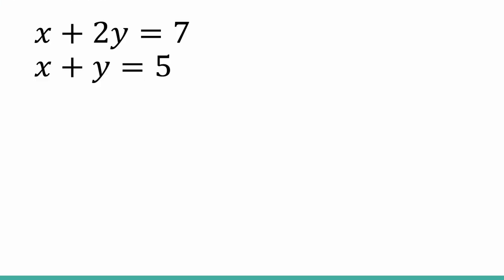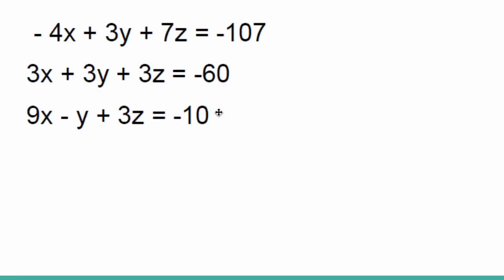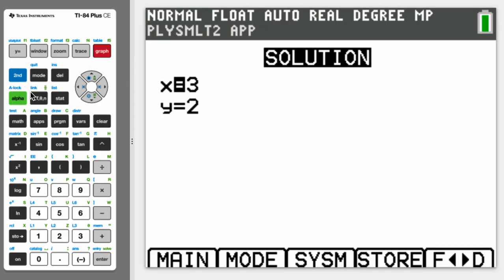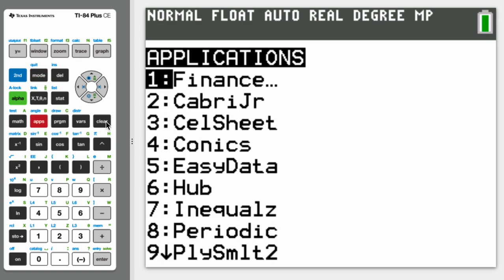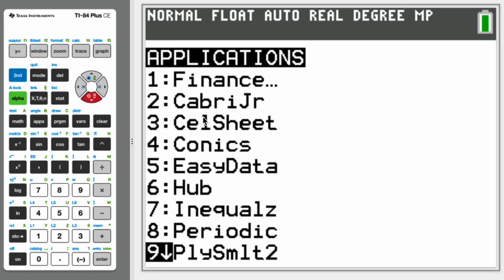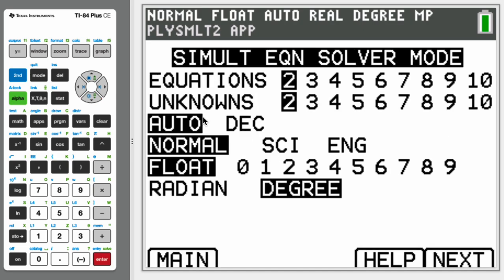If I did this again for a third equation, I would do exactly the same. I'm going to go to Apps. So I'm coming out of that. I'm going to Apps, Polysimult 2, Simultaneous Equations, and this time I have 3 equations, 3 unknowns.